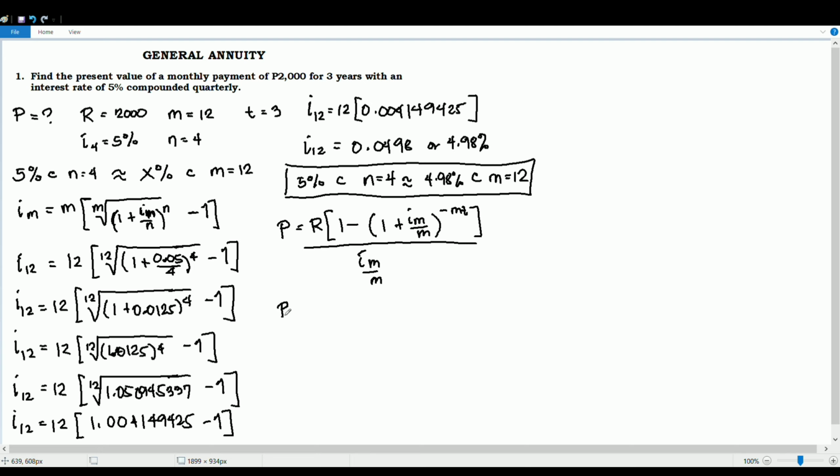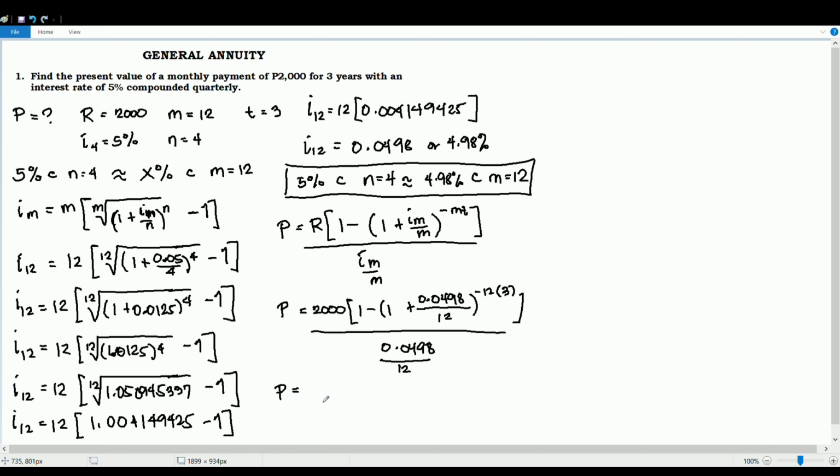Now substituting the values that we have: the regular payment of 2,000 pesos times 1 minus 1 plus 0.0498 over 12, our m is 12, raised to negative 12 times the term of 3, close bracket, all over 0.0498 over 12.